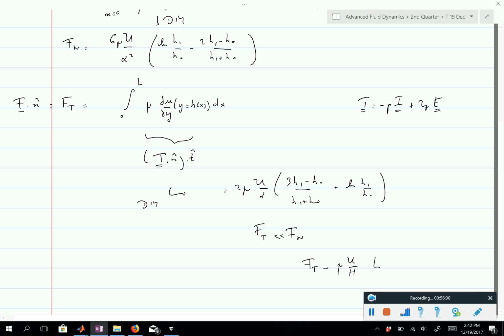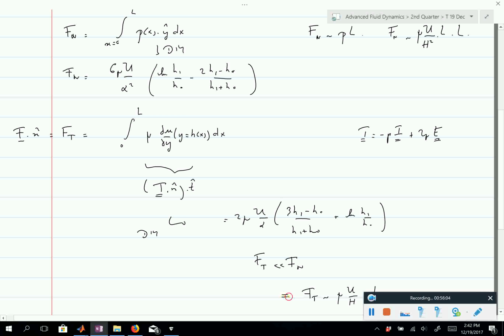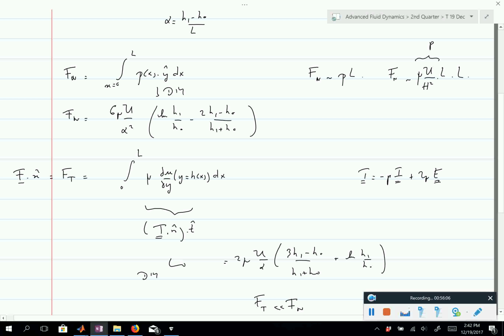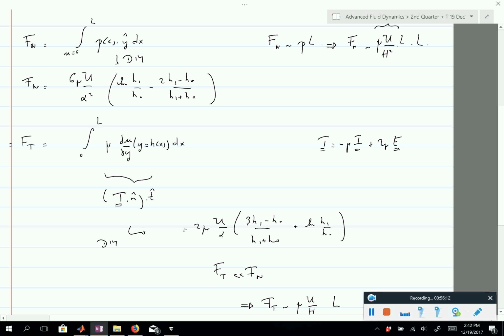And from that scaling you have a factor alpha between the two. They look almost the same, but f of n has a 1 over alpha. And alpha is a small number. So just from the scaling analysis, you see that the normal force is going to be much, much larger than the tangential force.